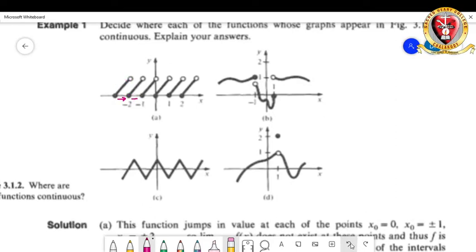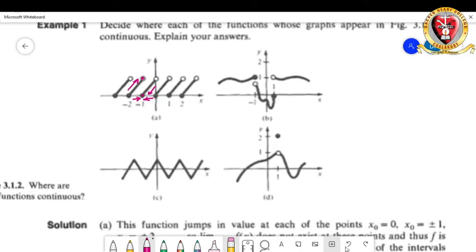Similarly, the same thing can be justified at -1. At -1, if we are moving from the left, the function moves to this point, and if we are moving from the right, the function moves to this point, and both of them are not coinciding.